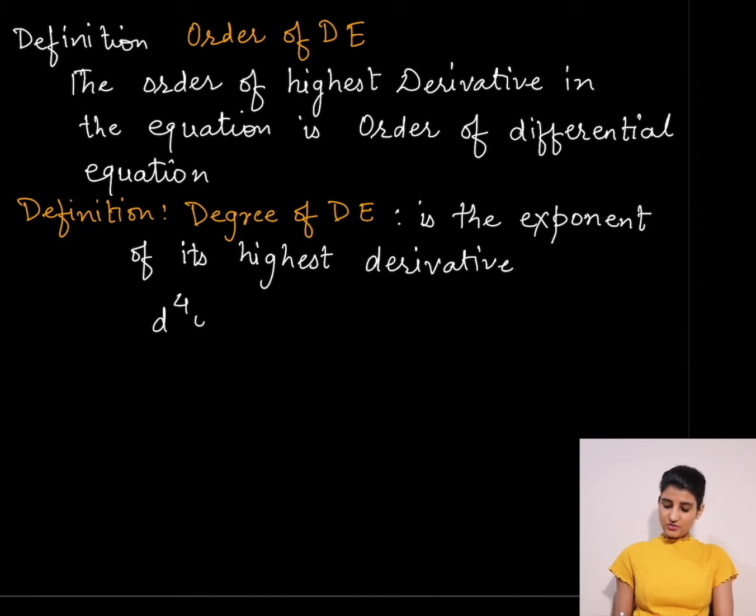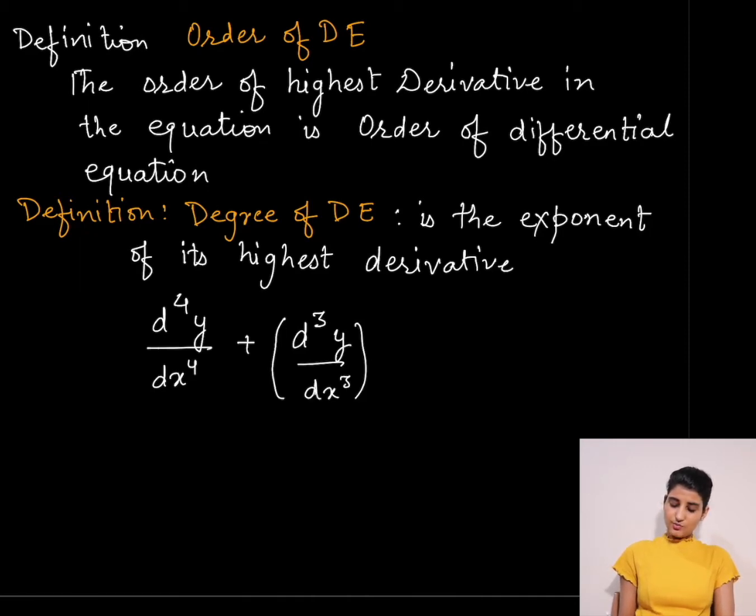suppose we have this equation: d^4y/dx^4 to the power 3 plus y^5 equals x.